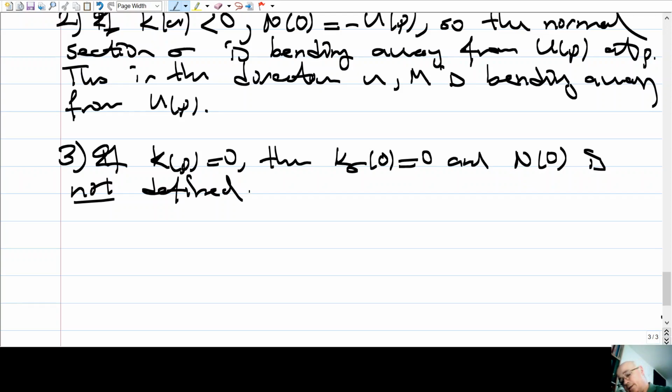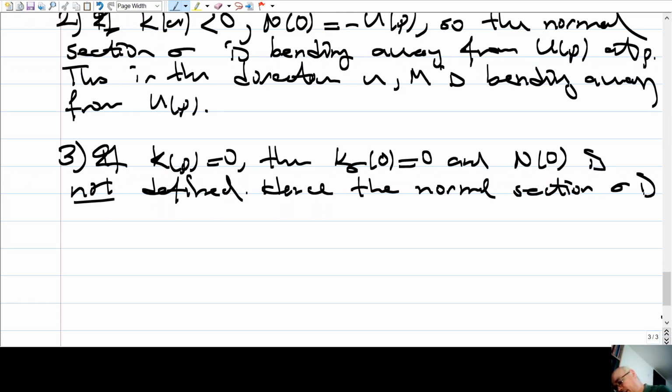All right. Hence, the normal section sigma is not bending at sigma 0, which is P.